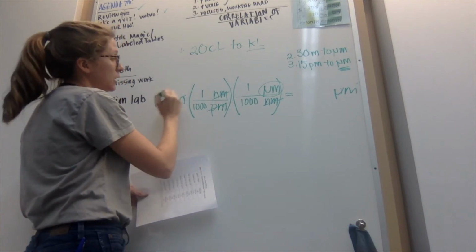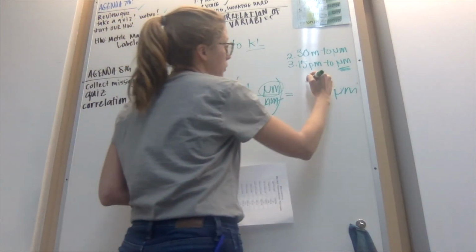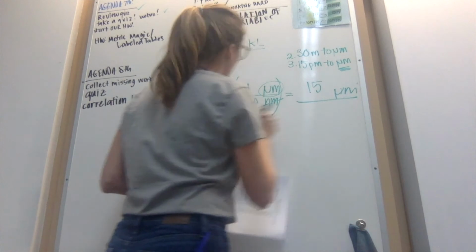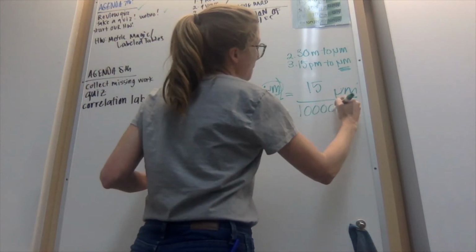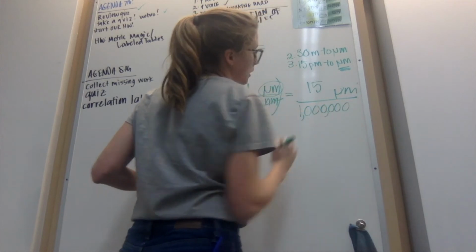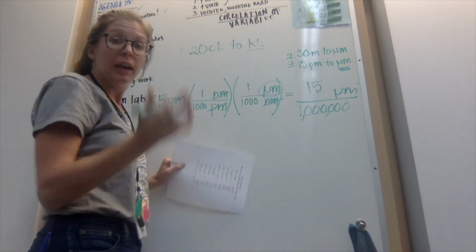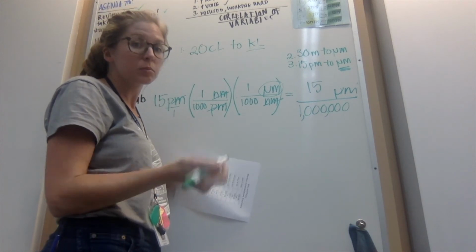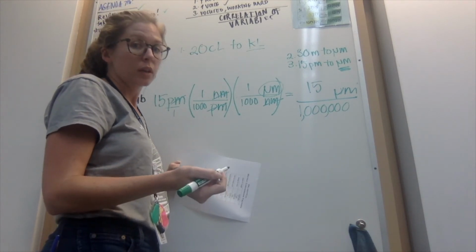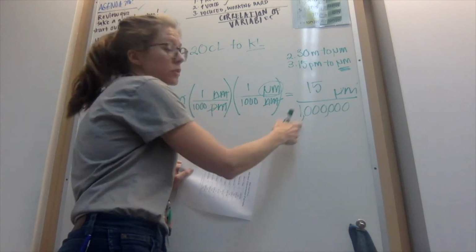So 15 times 1 micrometer over 1 times 1,000 times 1,000, which is a million. Wow, cool, okay? And then if you're using the division trick I taught you before, remember, the decimal point moves as many places as there are zeros.